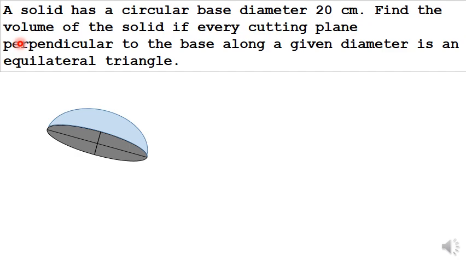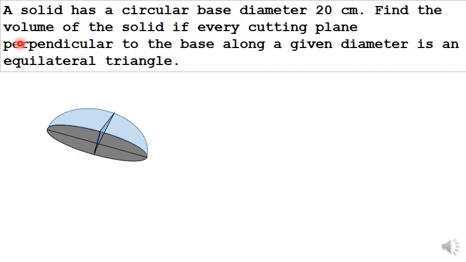As you can see, it seems to have a dome on the upper side of this area, but this is not a dome. According to the statement, if we cut this solid along one of its diameters, it will reveal an equilateral triangle.